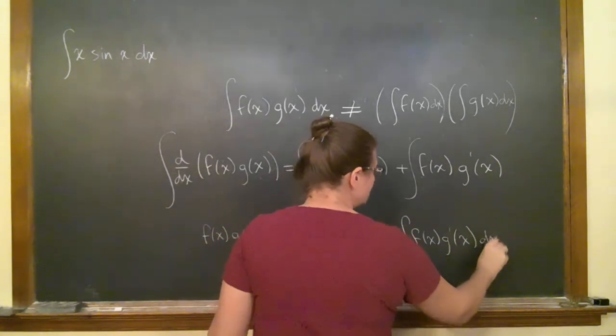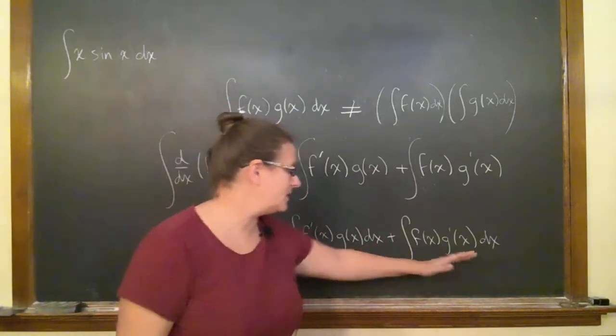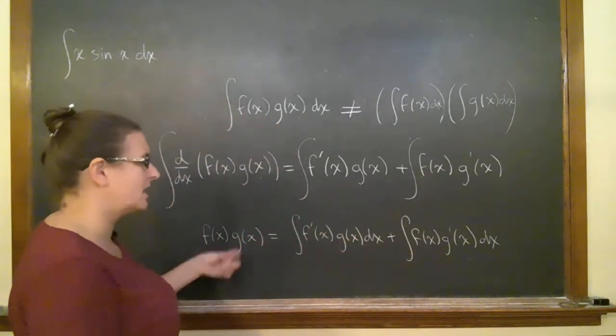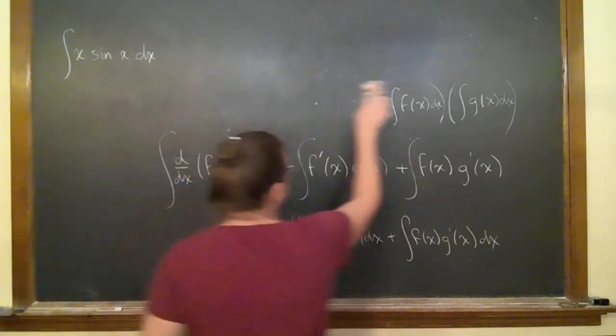And all we do is rearrange this. We're going to keep this one on this side, throw that one on the other side, and rewrite it. So let me rewrite it up here.